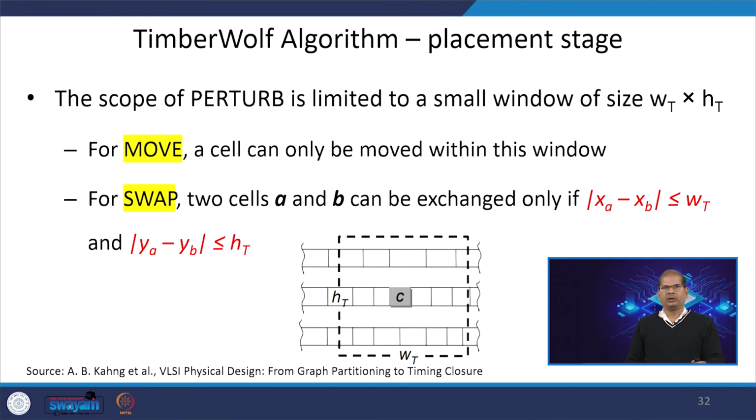The scope of this perturb is limited to a small window size of W t cross H t, where W t is the width of the window and H t is the height of the window. For a move, a cell can only be moved within that window. Whenever we swap two cells A and B, we can exchange only if this condition is satisfied.